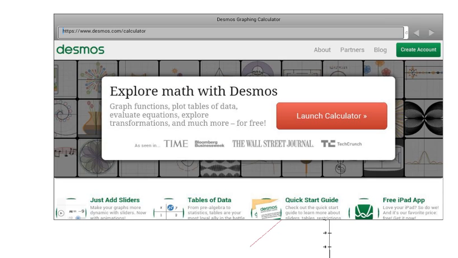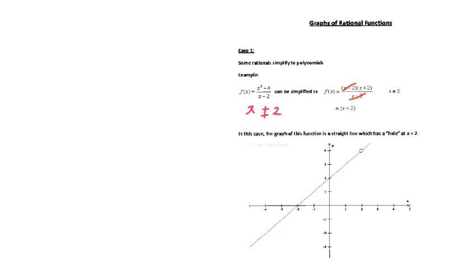Anyways, I'm going to put in that function, x plus 2, and you can see that that is a line right here. I know you're probably thinking Miss Musa is trying to show off right now, but okay, this is what I have right now.